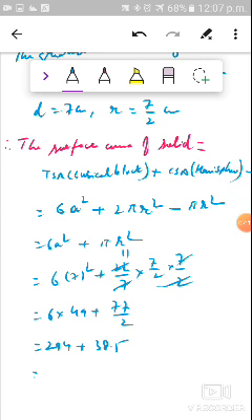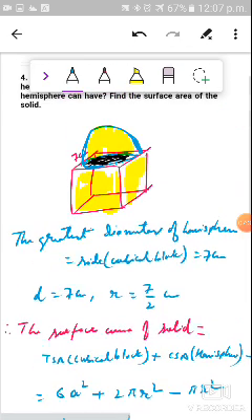And when we add it, we have 332.5 centimeter square, the total surface area of this solid, okay, right.